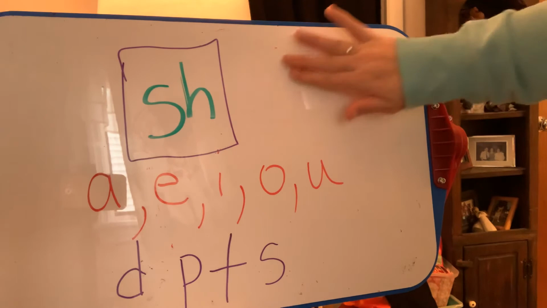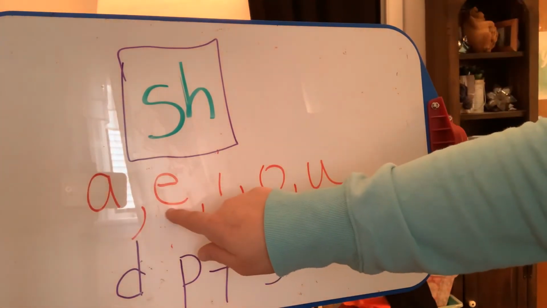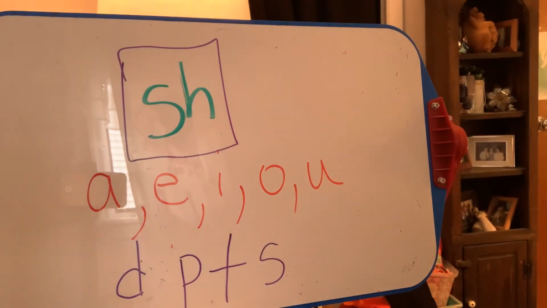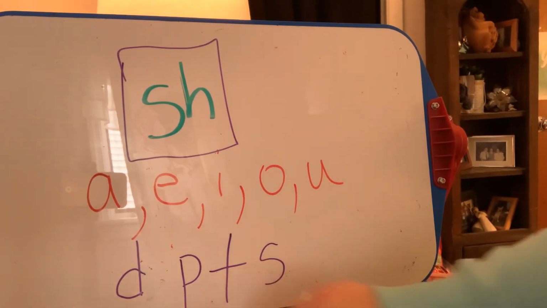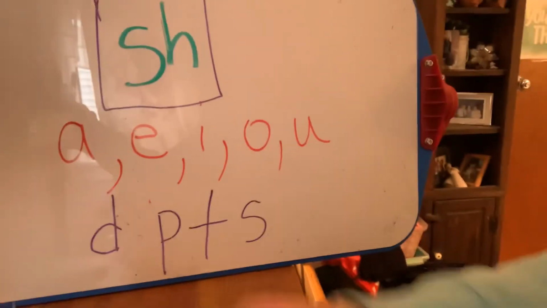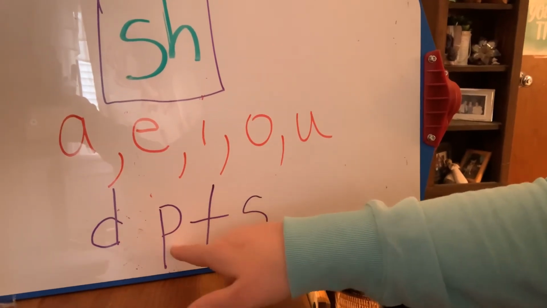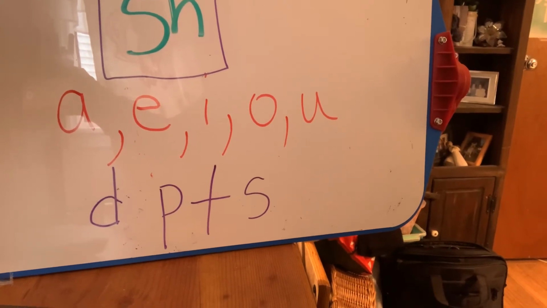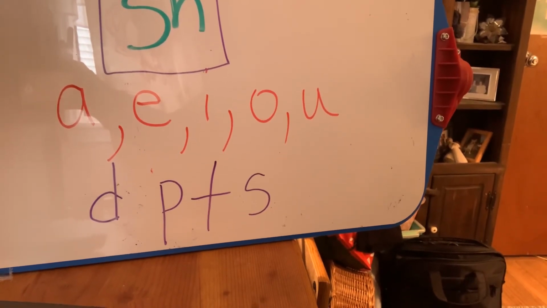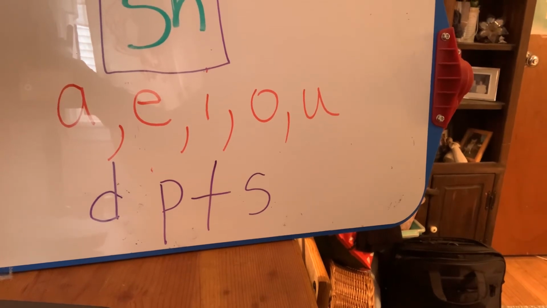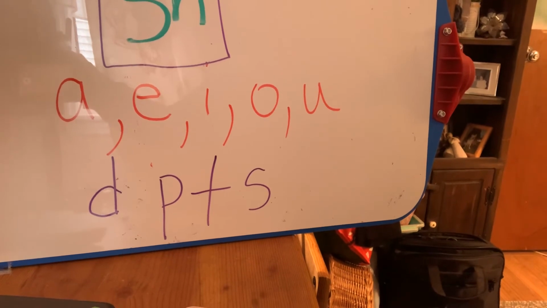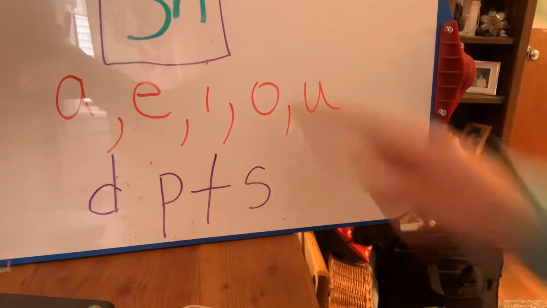And then, like I said, all of the vowels, A, E, I, O, U. And then the consonants, D, P, T, and S. So if you want to pause it and get all of those tiles ready, and then we'll go ahead and do some practice with the SH tile.